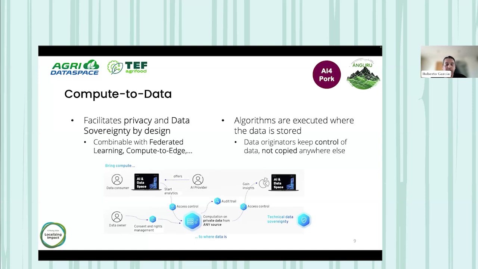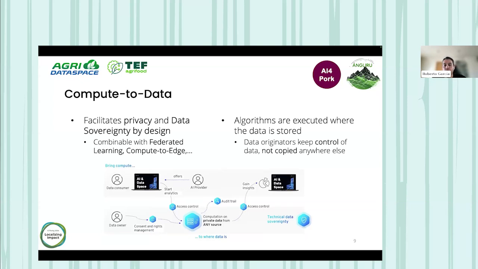It will depend on the level of technological capabilities of the institution. But the idea is that it's a trusted third party where the data is combined with the algorithm, the computation happens, the aggregated data is computed, or an artificial intelligence model is trained, and what gets out and what is received by the consumer is just the result of that computation.